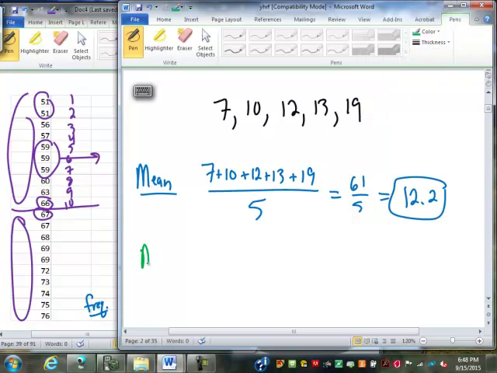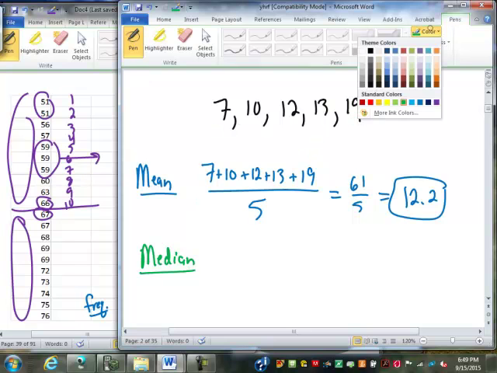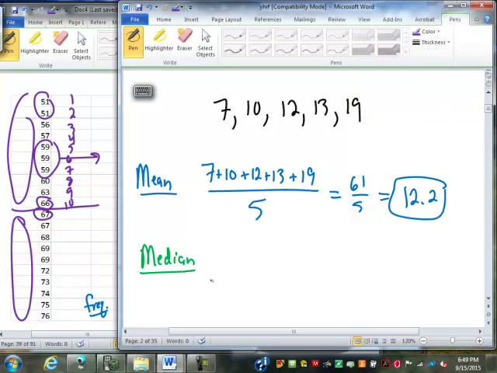The median is going to be found how? Well, first of all, they're already in order. That's step 1. What's step 2? Find the position. How do I find the position? Well, n is 5 times 0.5 is 2.5.